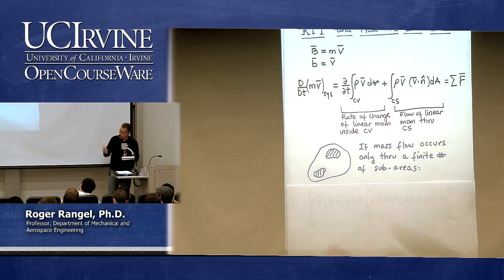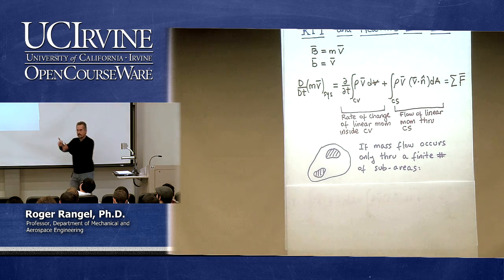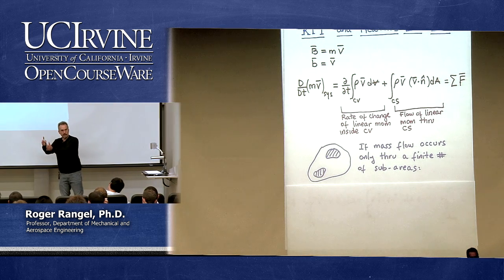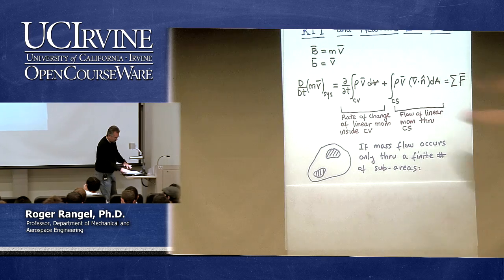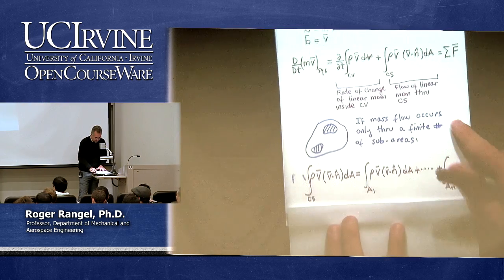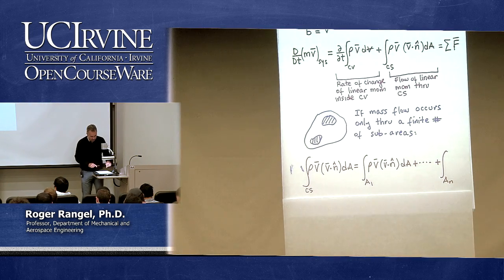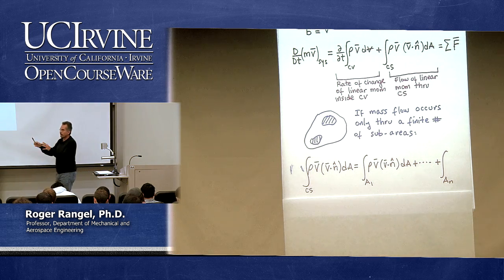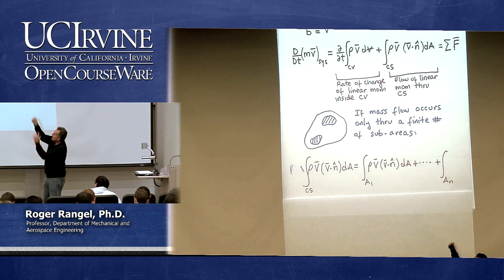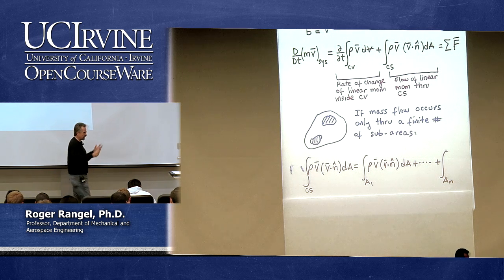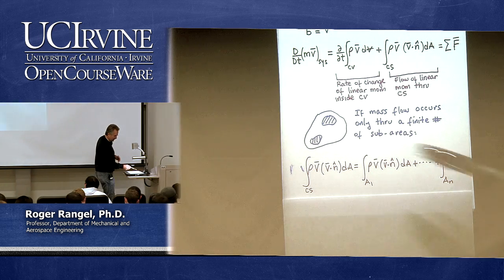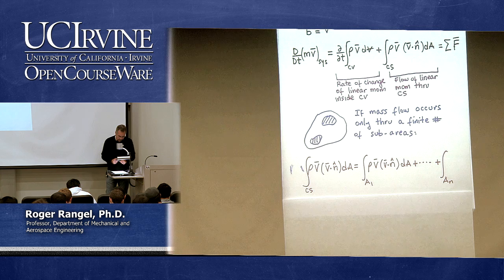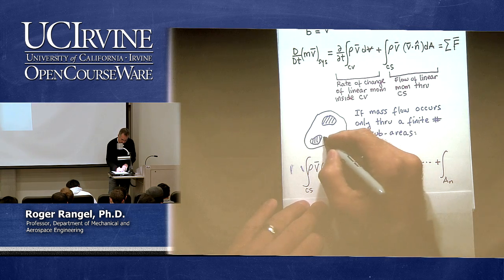that is over the control surface, I can always break down into integrals for each of those areas. I can take the entire integral, which is here on the left, and say that it's just a sum of integrals for each of the patches that are shaded. And I may have more than two, so maybe I label the first one A1.